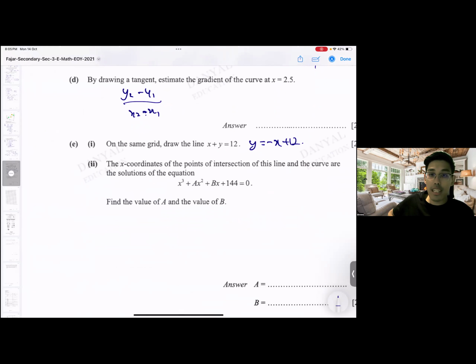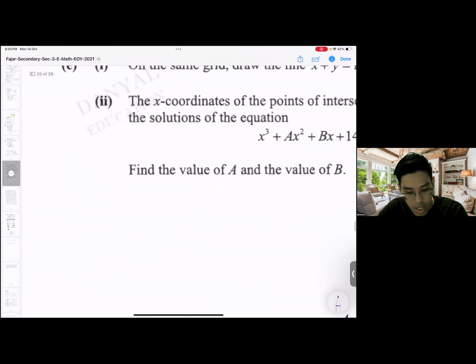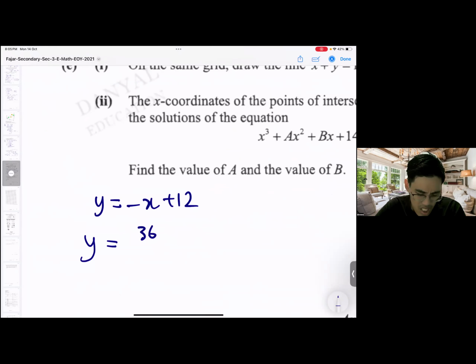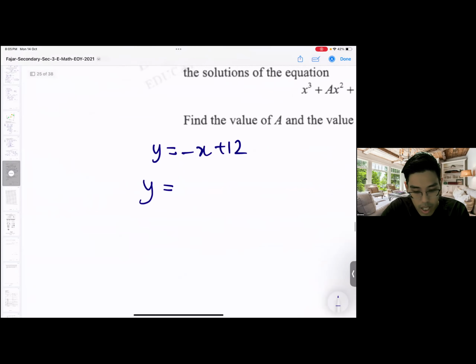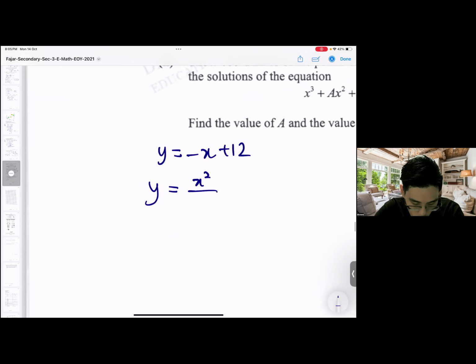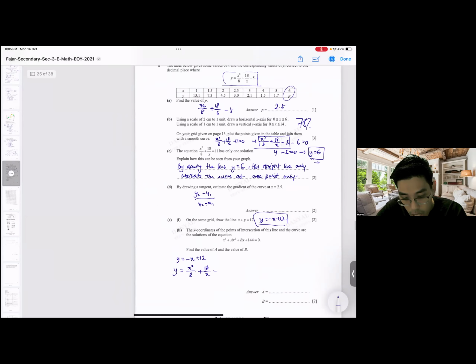So, interestingly, we must find the intersection of this line, which is y equals minus x plus 12, with the first equation that we had, which is y equals x squared over 8 plus 18 over x minus 5.